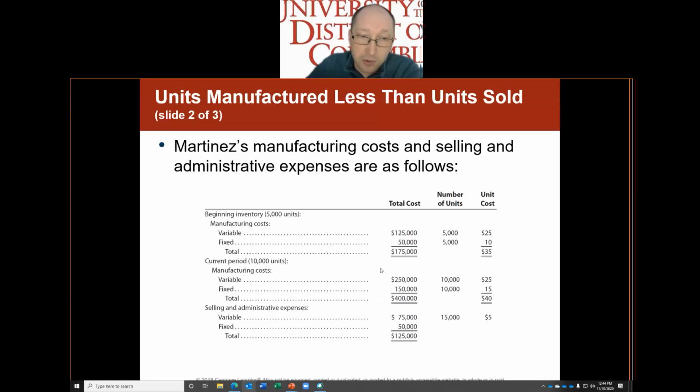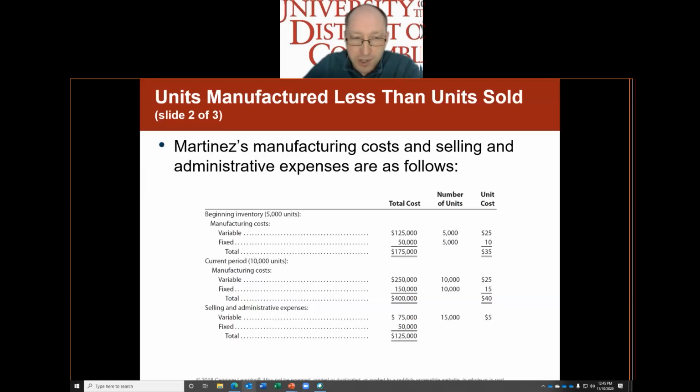So here's the cost structure. Beginning inventory, 5,000 units. So basically what you need to do here is you break it out by beginning and current inventory levels. So it's similar to what we learned about when we talked about inventory, first in, first out, last in, first out, average. The same concept applies here.